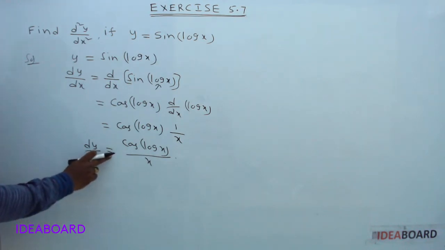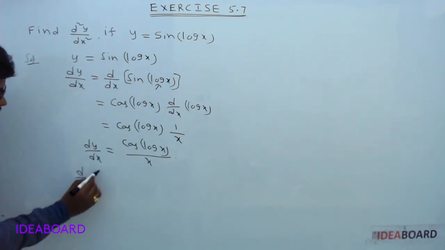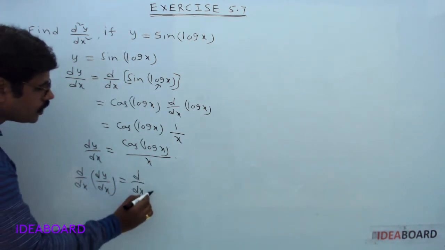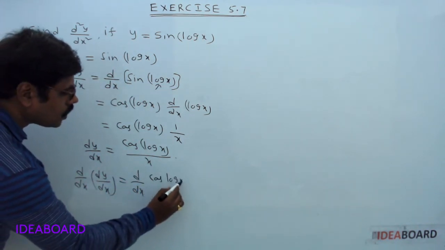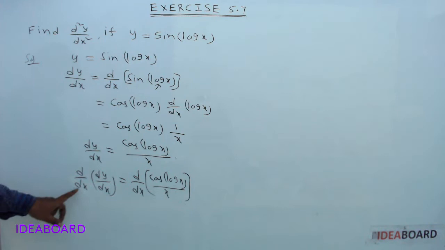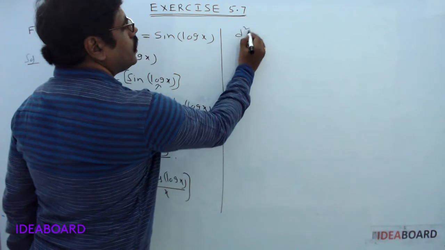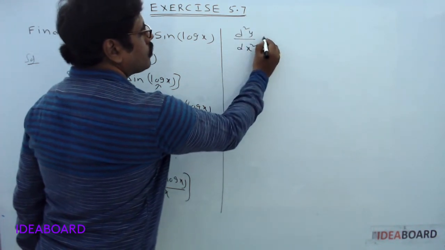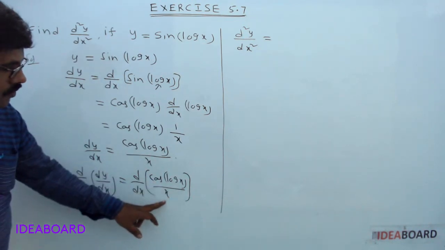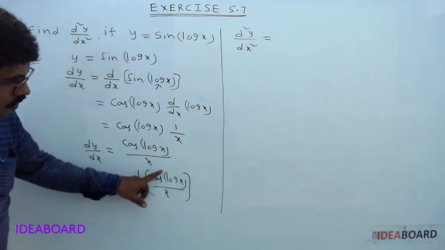Now differentiate this equation again with respect to x, that is d by dx of dy by dx. This is equal to the derivative of cos of log x divided by x. Now the derivative of dy by dx is nothing but d square y by dx square. This equals d by dx of cos of log x divided by x. Now this entire term is of the form d by dx of u by v.